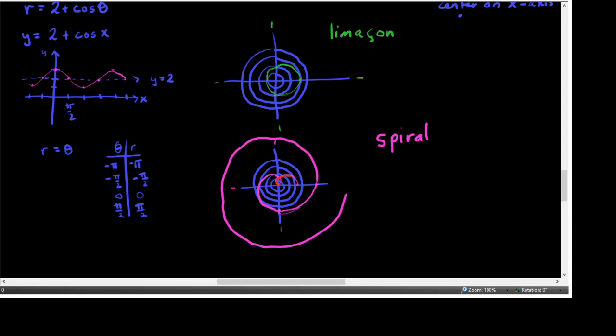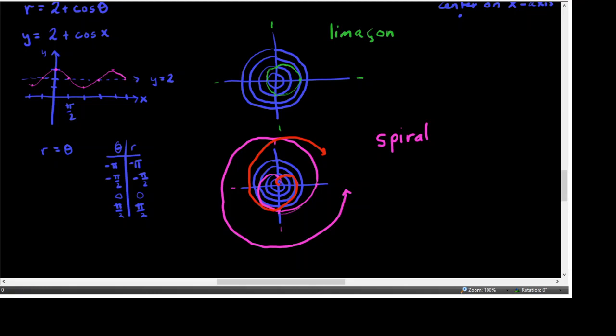So this is this part of the spiral. Anyway, it continues going out like that forever and ever, spiraling out. So that's kind of interesting. That's what a spiral looks like.